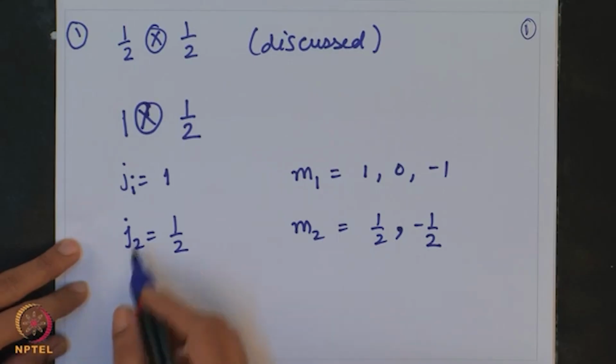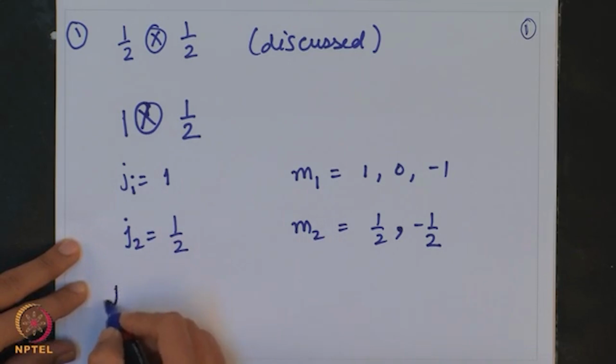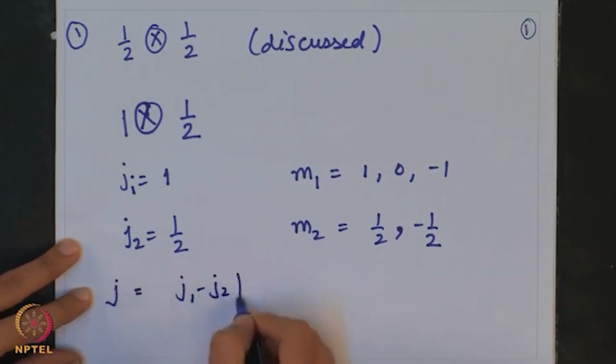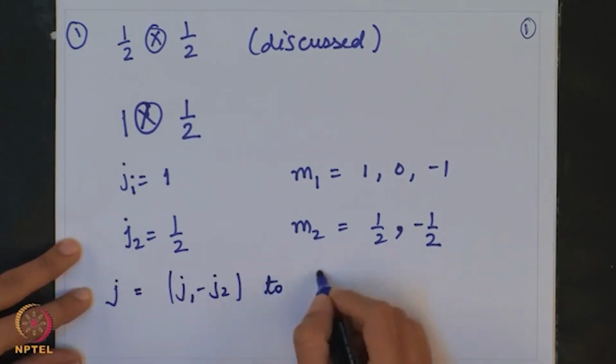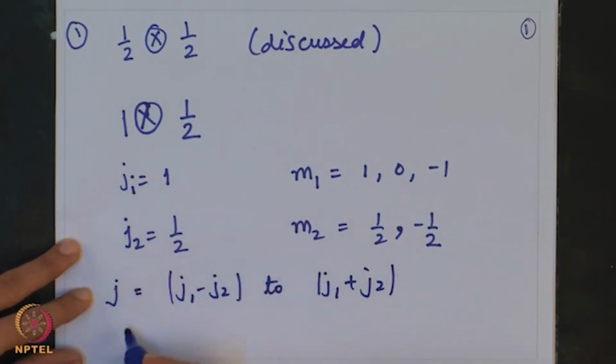We start with J1 is 1, J2 is half, then capital J takes values from J1 minus J2 to J1 plus J2. So in this case J can take values half and 3 by 2, agreed.